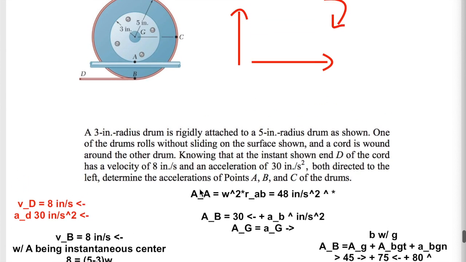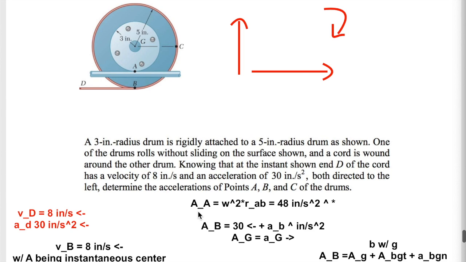With that, the acceleration of A equals our angular velocity squared times R_AB. We can do this because it is non-slipping, so we can use that equation. We find it is 48 inches per second squared.